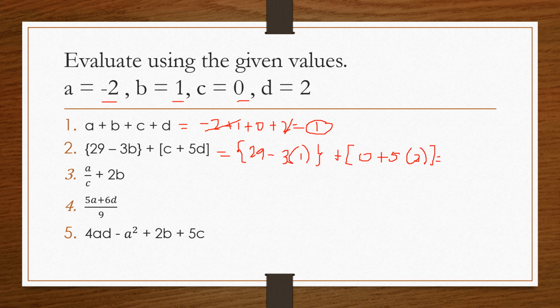So we got 29 minus 3 plus 5 times 2 is 10. So 0 plus 10 is equal to 10. Then we have 29 minus 3 is 26. Right? 26 plus 10. The answer is 36.